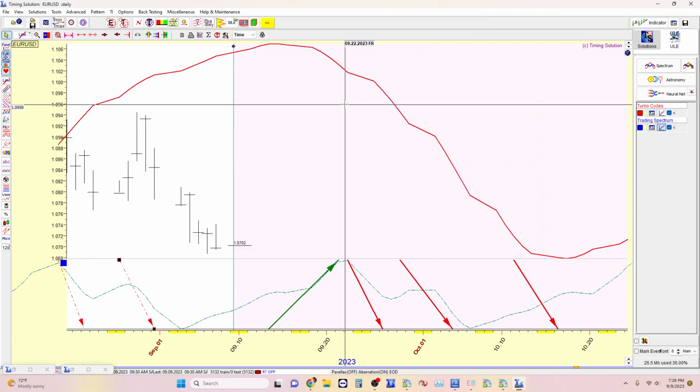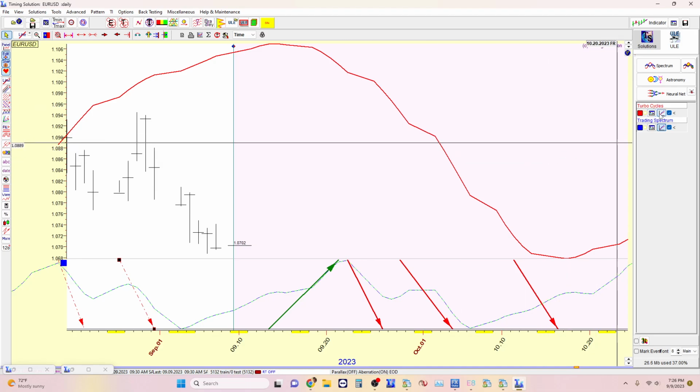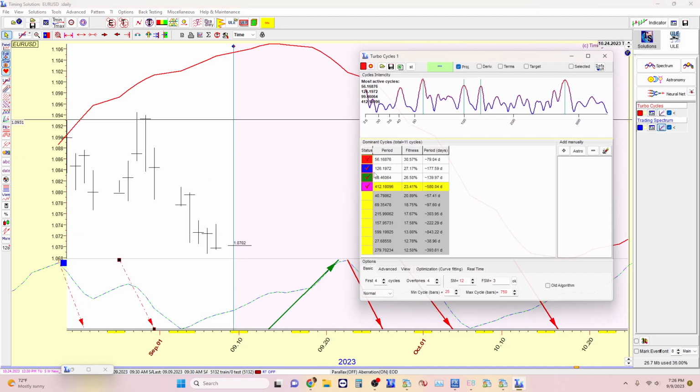But we got a projection for Trading Spectrum. We did the walk forward analysis expert, and then we picked the one with the best equity curve, with the best win rate percentage overall, with the best SQN score over 1.3 as advised on the website, and we've put together a turbo cycle of the best dominant cycles, I think, most active cycles, and it was, I think, on the first two.